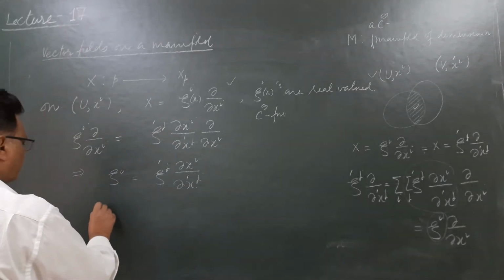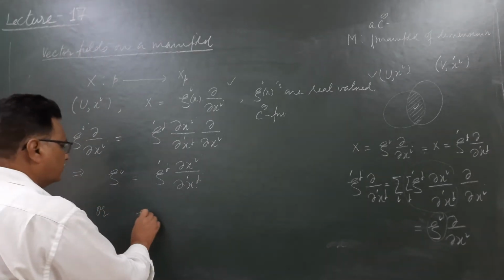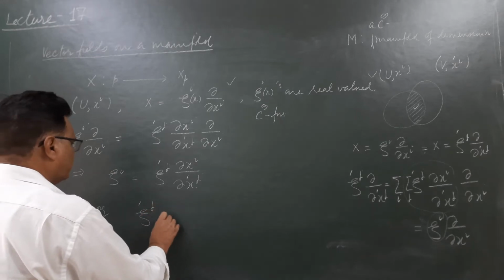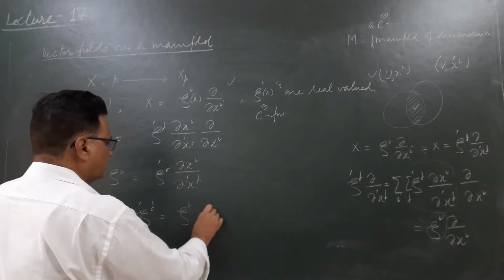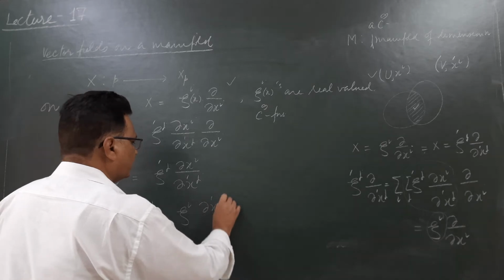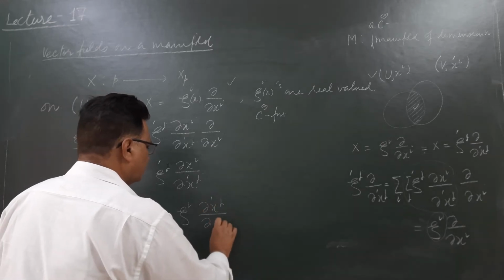Or I can rewrite it as ξ'^j equal to ξ^i into ∂x'^j/∂x^i.